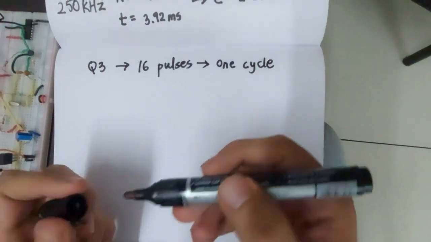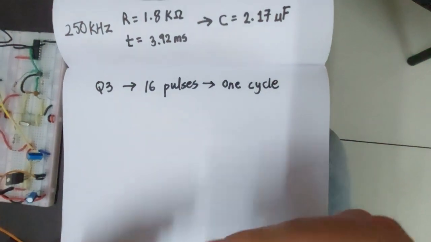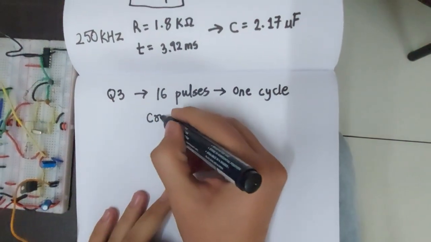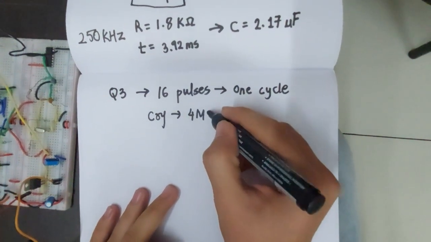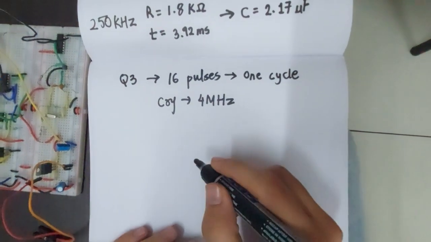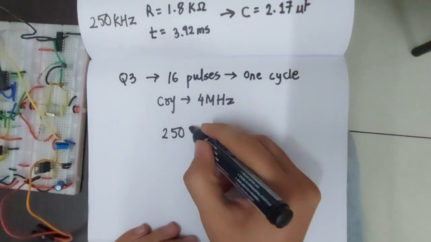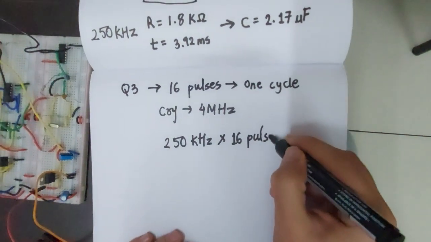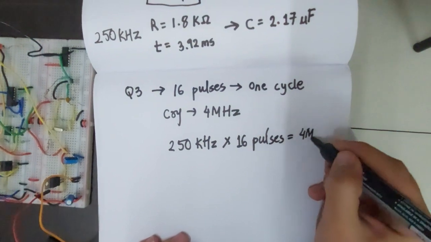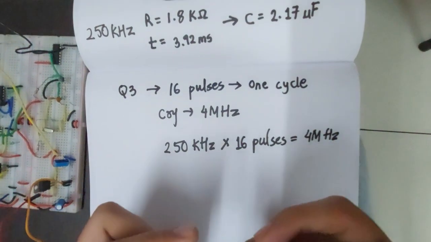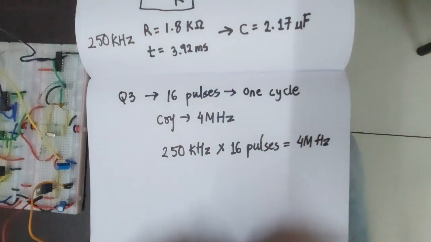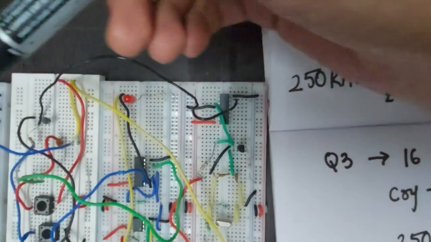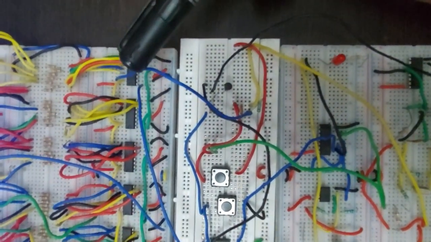So to get 250 kilohertz frequency at the output, we have chosen a crystal of 4 megahertz accordingly. When we multiply the 250 kilohertz frequency by 16 pulses, we get 4 megahertz. That's the reason we have taken a 4 megahertz crystal in our project. The output of this IC is given to the first IC of the counter circuit as a clock.